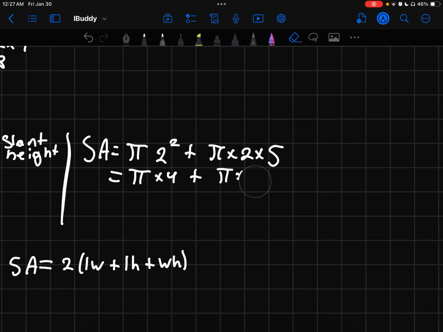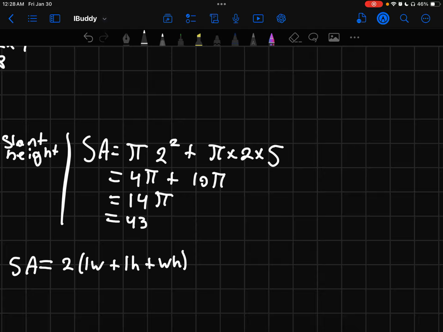Actually, let me just rewrite this. This will be 4 pi plus 10 pi. So we can add this together, which will leave us with 14 pi. And 14 times pi should be equal to around 43.96 units squared.